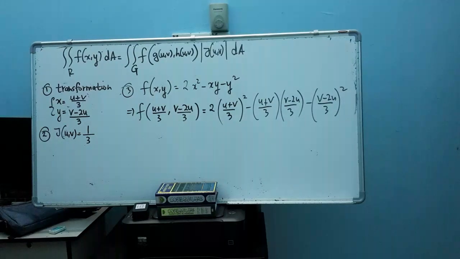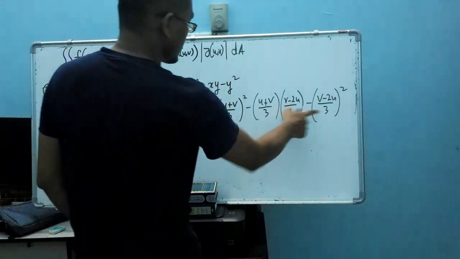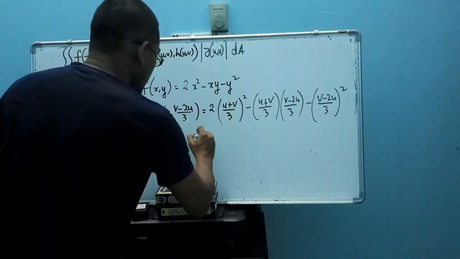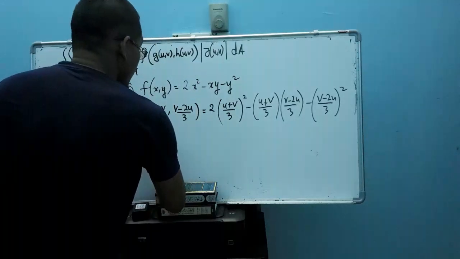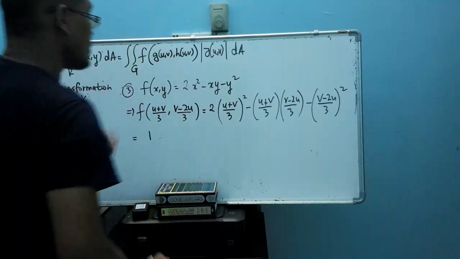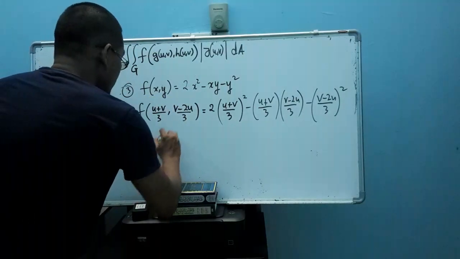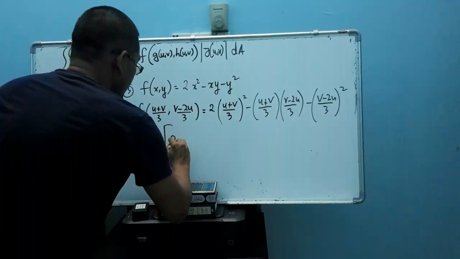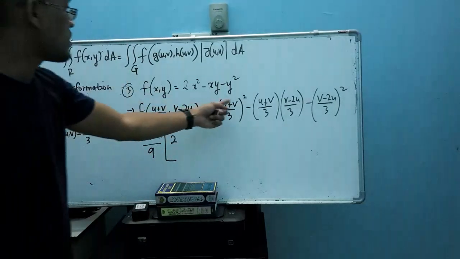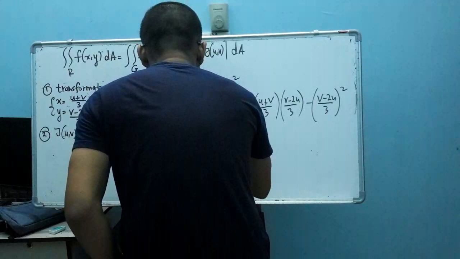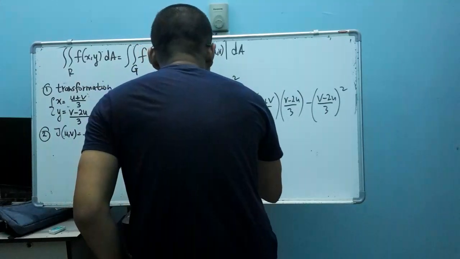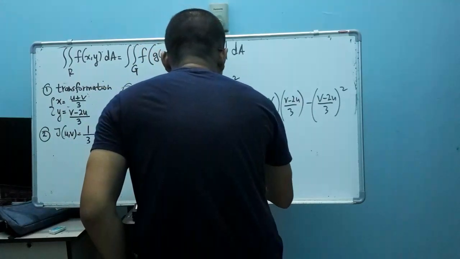So what's the value here? Since I have 3 in each denominator, I can just put it outside, so I will have 1 over 9. Now I will have 2 times this, which is squared, so I have u squared plus v squared plus 2uv.